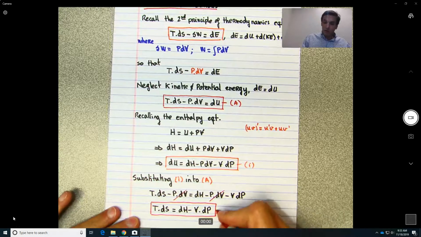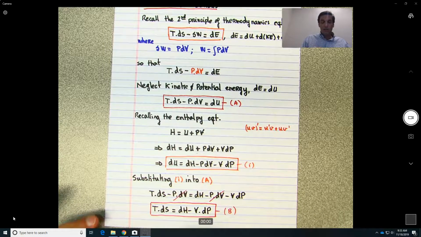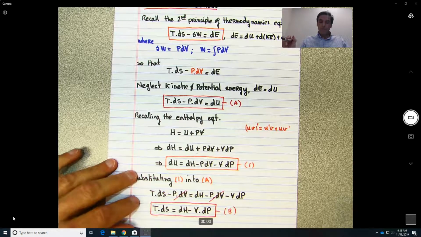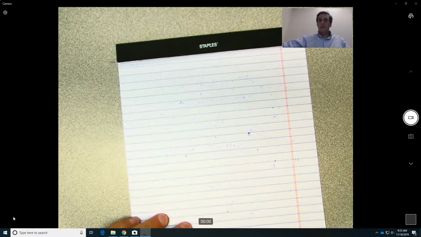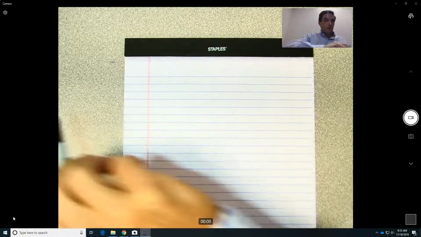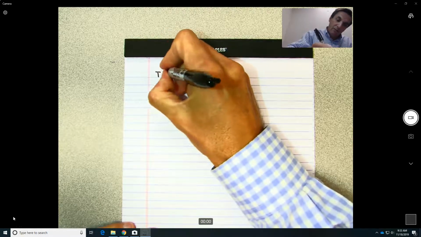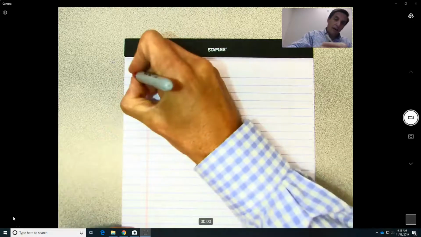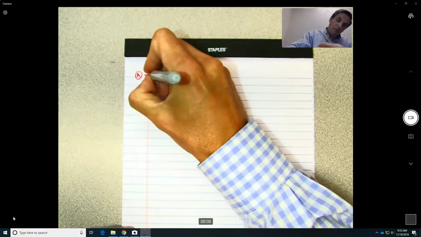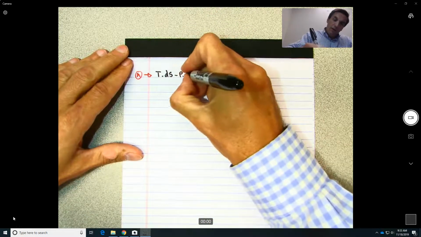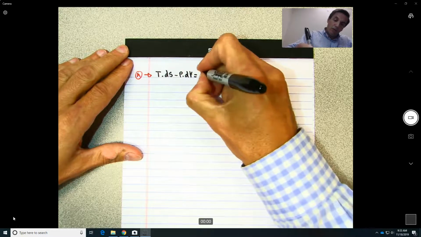So these two expressions are really the general T dS relations that I'm just going to summarize on the next page. So let's see. Our equation A is what? T dS minus P dV was equal to dU.